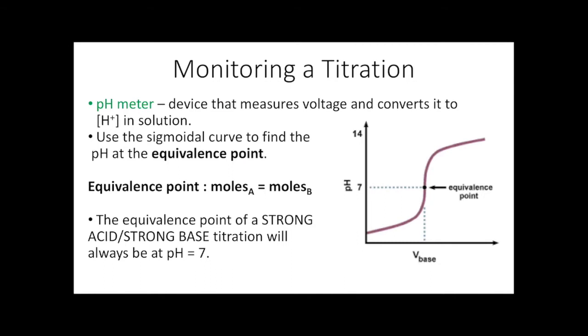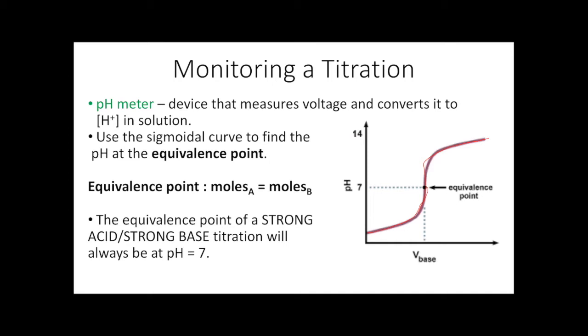So in lab, there's a couple ways that you can monitor a titration. One is with a pH meter, which we'll use. It measures voltage and converts it to the concentration of hydrogen ions in solution. You end up with a sigmoidal curve, which just means it makes this little S pattern where it rises, then all of a sudden it goes up really quick and then levels out again.